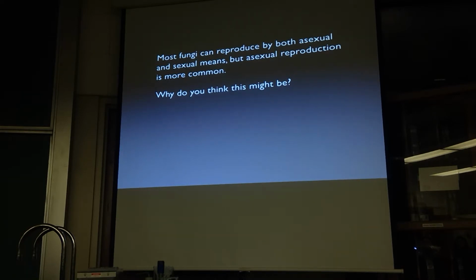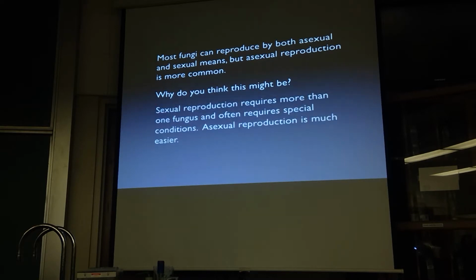Sexual reproduction, if you think back to our definition, requires a reorganization of the genetic material, which means you have to have a source of different genetic material. So from a fungus standpoint, you can reproduce all by yourself. It's way easier than having to go out, find another fungus, maybe buy them dinner, go through that. Anyway, they reproduce asexually much more commonly.